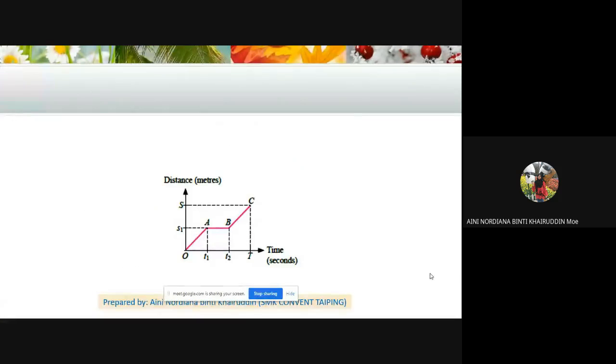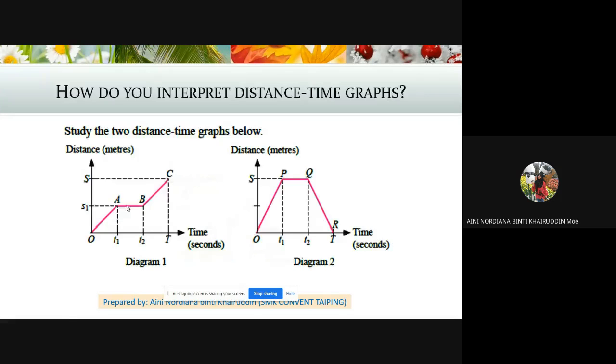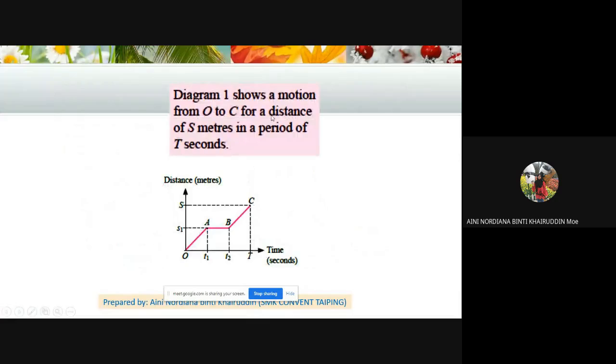So for diagram 1, this one, shows a motion from O to C for a distance of S meter in a period of T second.